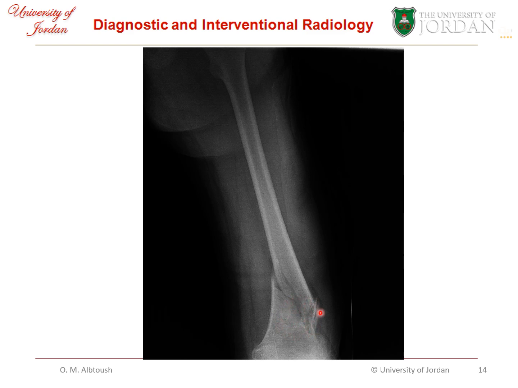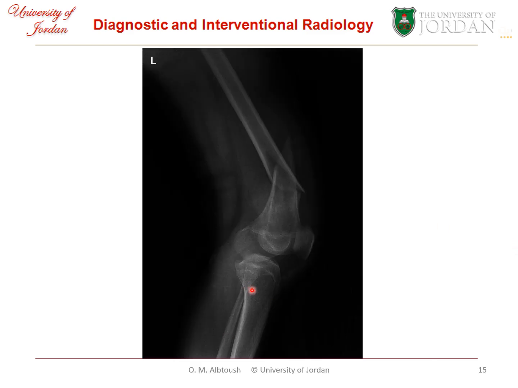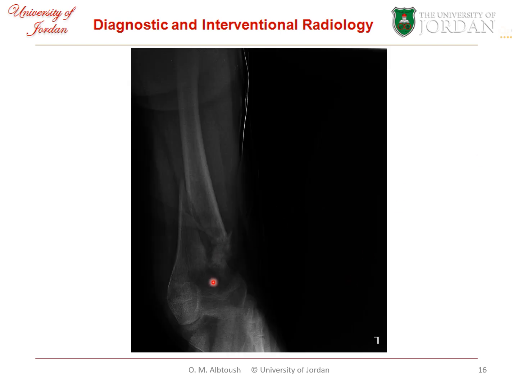This is one view, and this is another view. As you can see here, we have soft tissue swelling and we have sclerosis. We have sclerosis also at this region. I don't know if this is very apparent on this image, but maybe the most important image is this one.